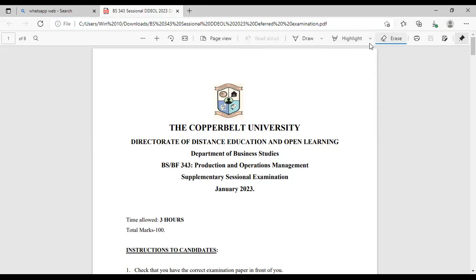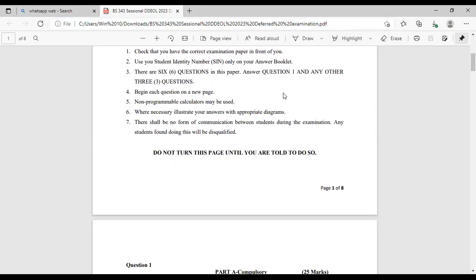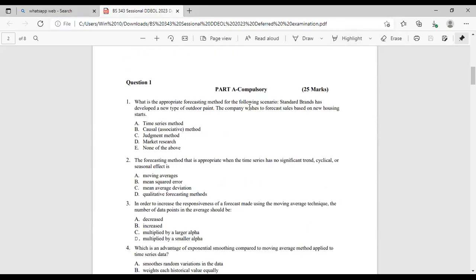And of course, we are now looking at different types of questions that come. Of course, there are three models as we look at inventory management.